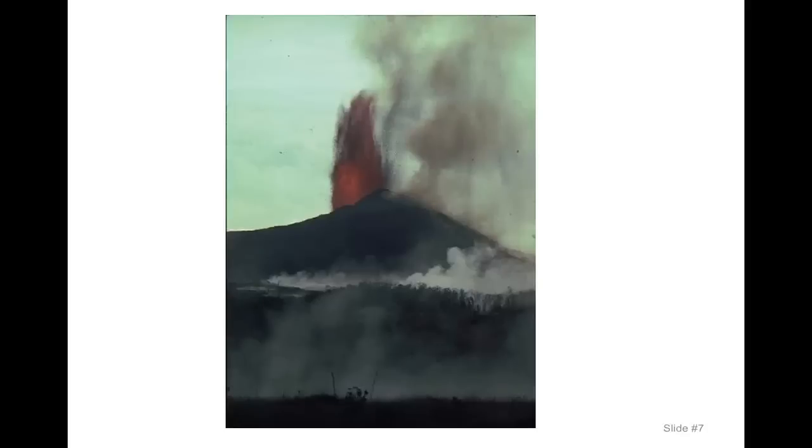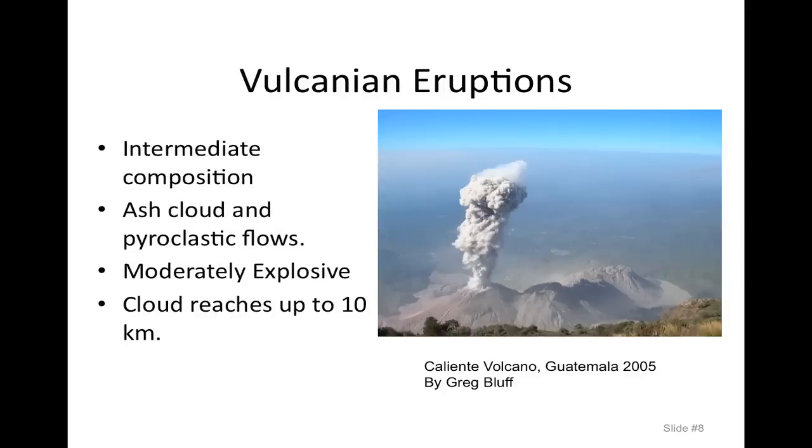All right, let's go to the next slide and take a look at the next explosive type of event, and that's a Vulcanian eruption. These are associated more with intermediate composition type of volcanism. We'll learn about stratovolcanoes in the next segment, and this is the type of eruption that can occur out of those volcanoes. They're categorized as having ash clouds and pyroclastic flows as part of their process.